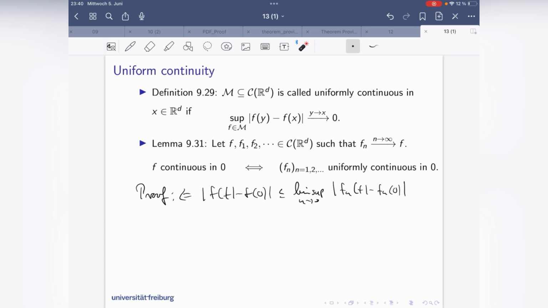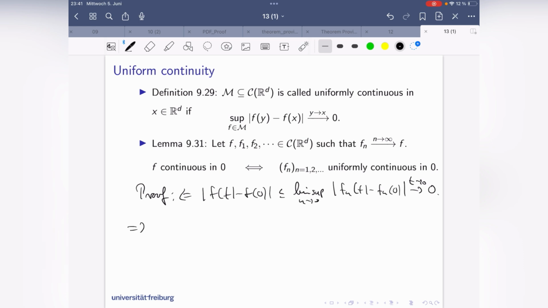But we know that as t goes to 0, which is the same as y goes to x, this converges to 0. Which means we have shown that f is continuous in 0.